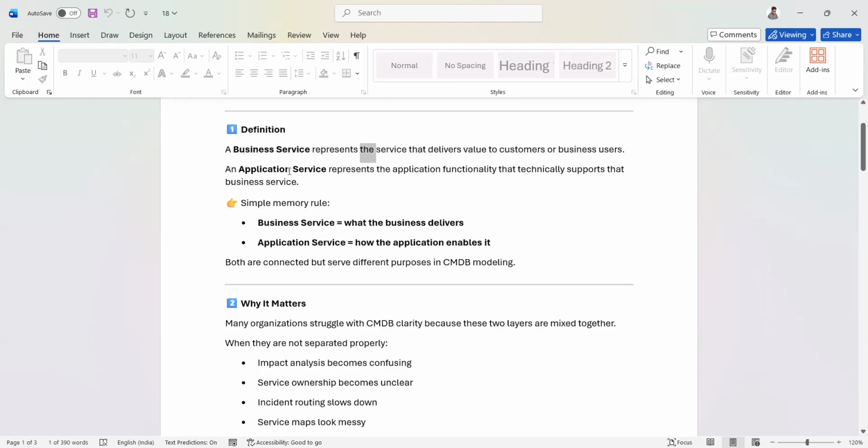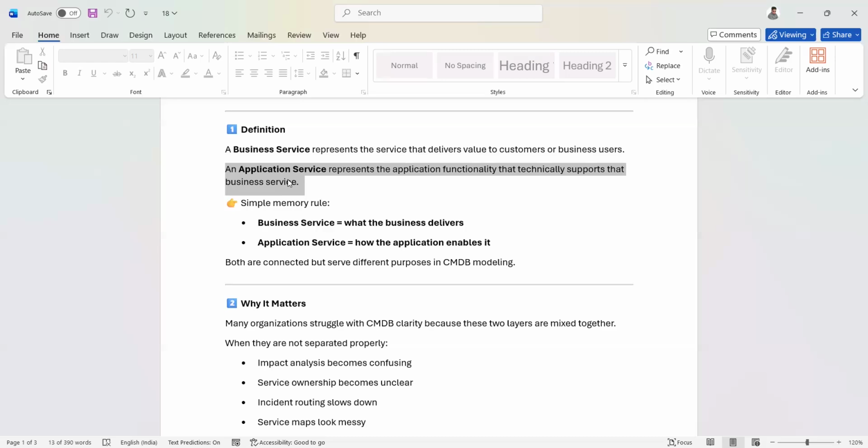An application service represents the application functionality that technically supports the business service. Each of the business services we discussed is being used by the customer via some technology component, basically via one application. That technical component is known as the application service.